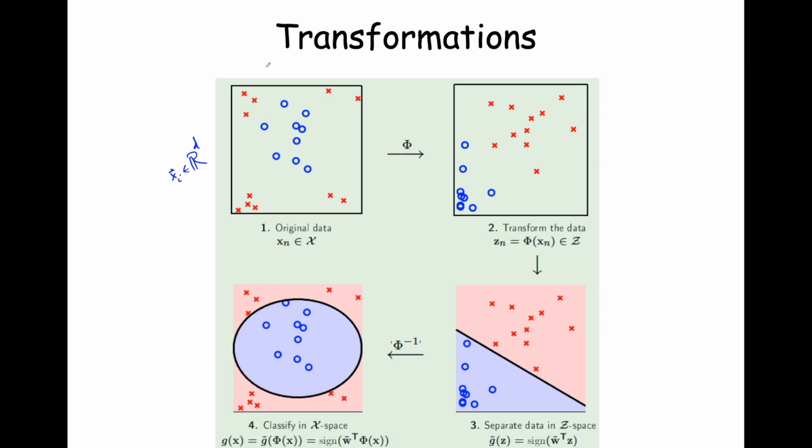Now, of course, when we learn, that hasn't changed. We augment our feature vector with dummy variable x naught, and we take our weight vector w and add in w naught to absorb that threshold, minus t, as we had done in our mathematical expression, resulting in w transpose x.